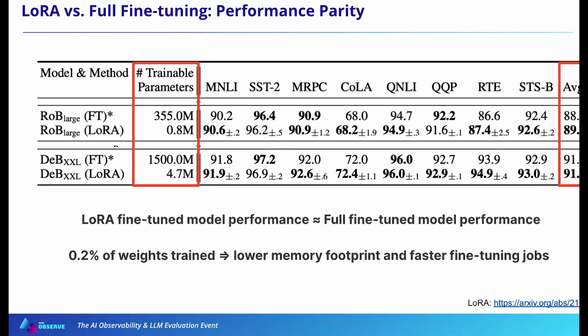And in terms of performance, it turns out that even though we're fine-tuning such a small set of weights, we actually don't lose much. So this is from the original LoRA paper. You'll see that on 2 base models, you get roughly the same performance as full fine-tuning. But if you look at the number of trainable parameters, it's a very small fraction, usually between 0.1% to 1%. So really fast, really cheap to fine-tune.